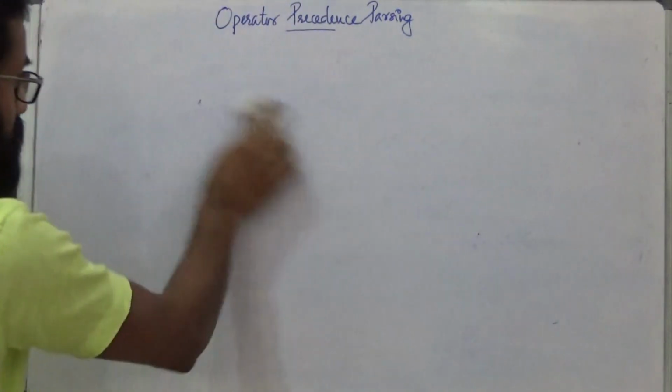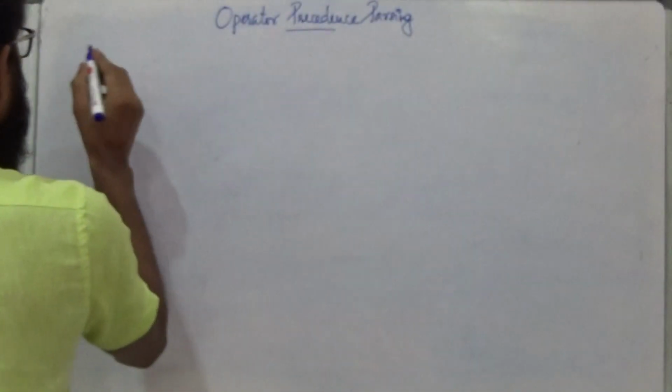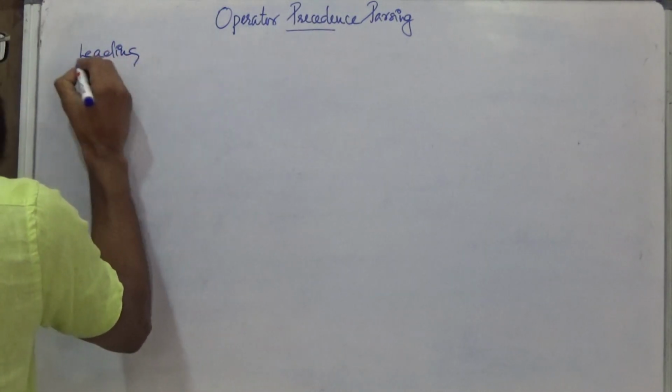Next one is how to determine leading and trailing. First you can write the rules to compute leading.